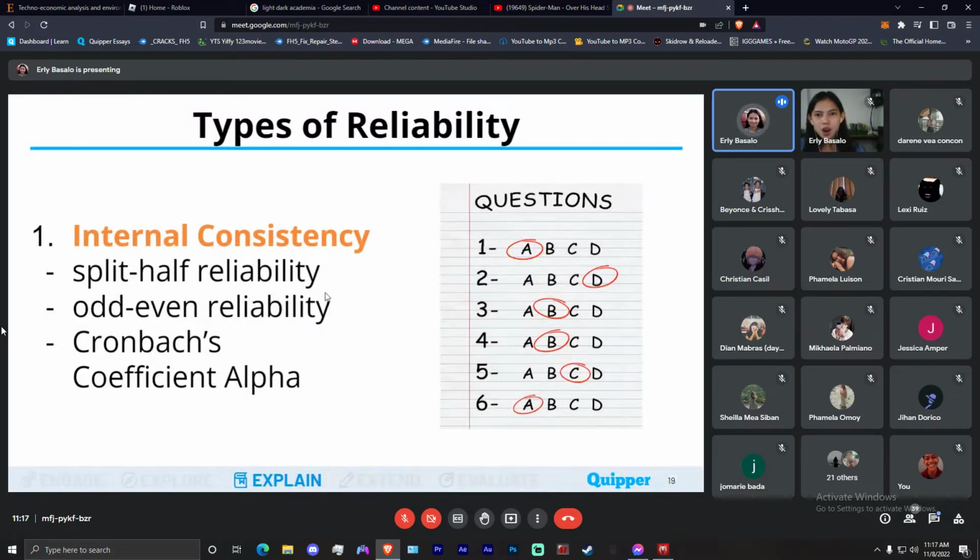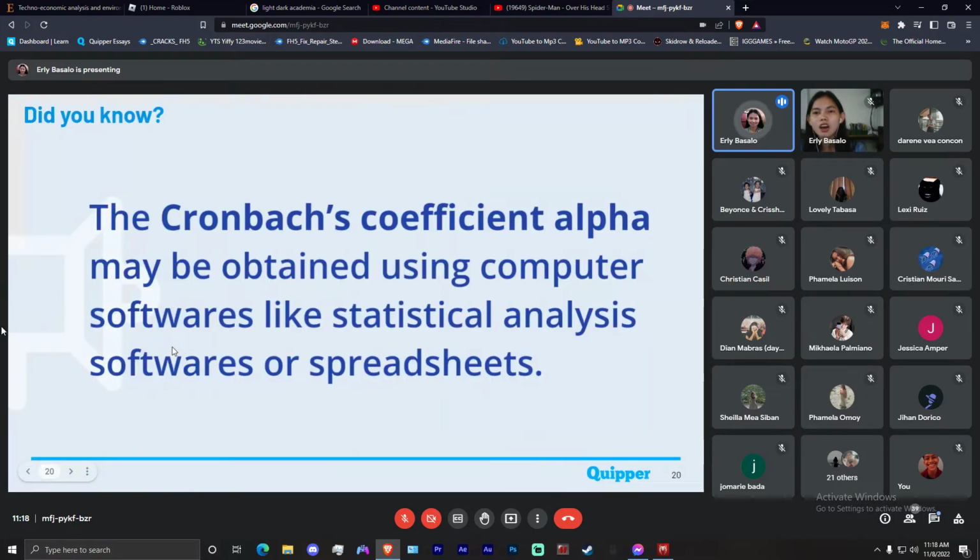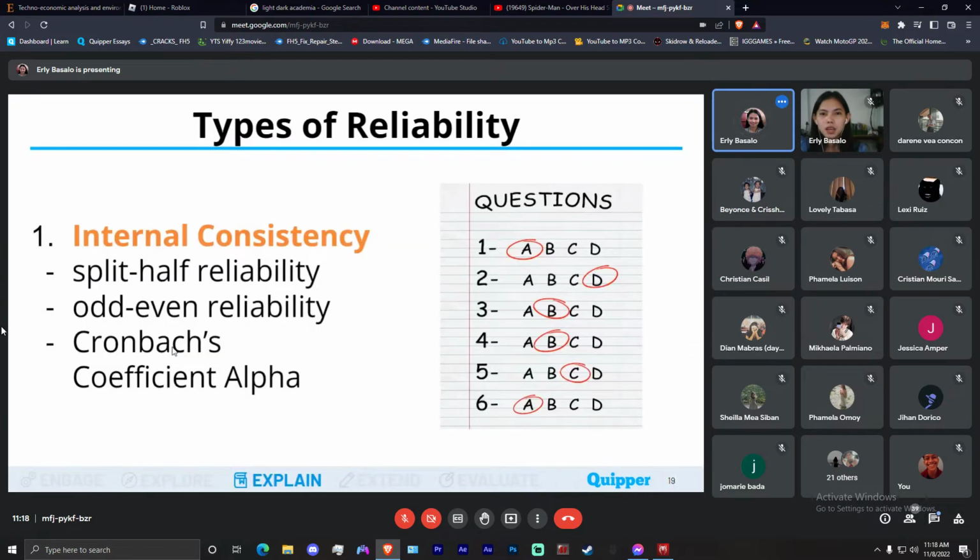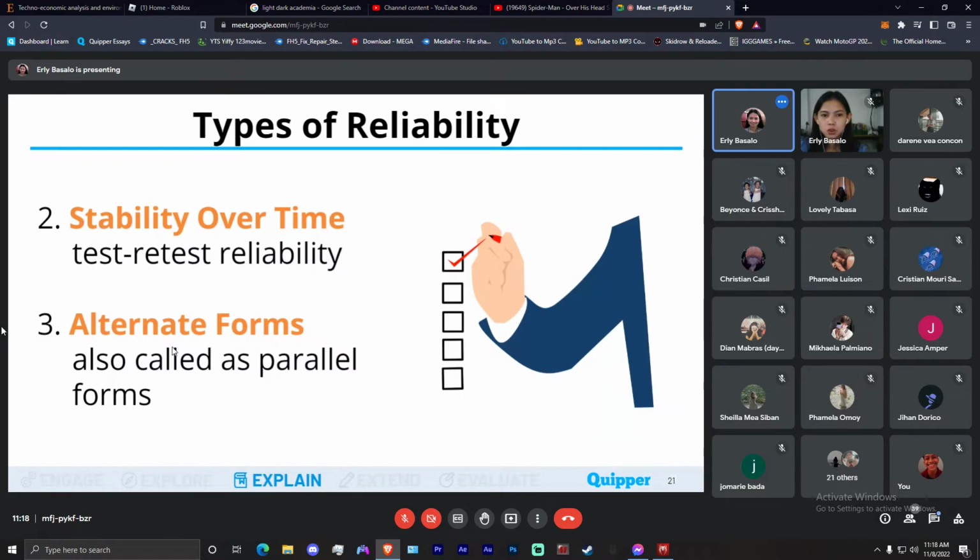We have here different types of reliability. We have internal consistency. Under internal consistency, it has split half reliability, odd even reliability, and Cronbach's coefficient alpha. The Cronbach's coefficient alpha may be obtained using computer software like statistical and analysis software or spreadsheets. In this type of reliability, it is not commonly used.